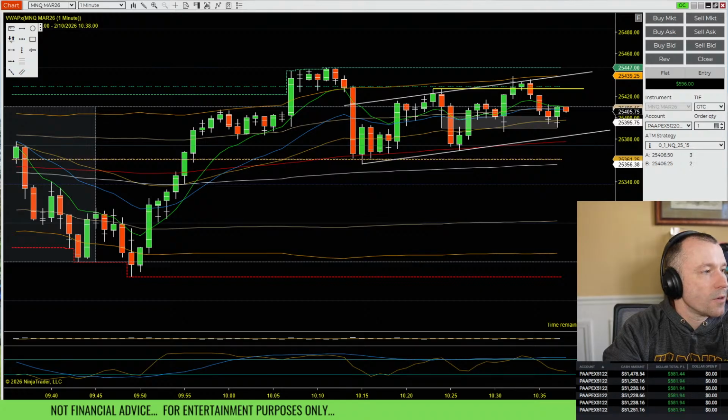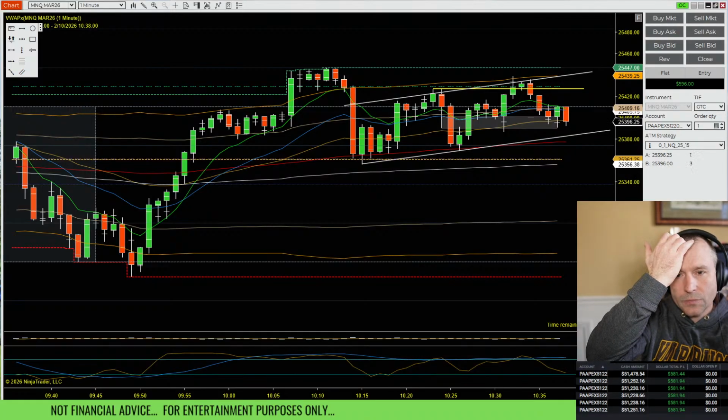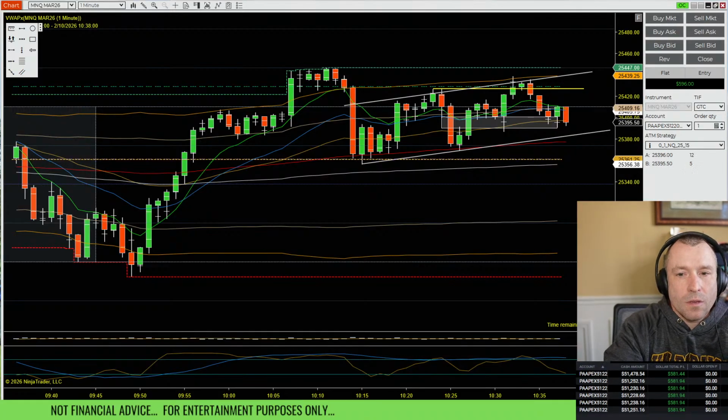A 20-point candle is $400 on a mini, $40 on a micro. That would be the risk on that candle right there. Looks like we won't get the break though, at least not yet.